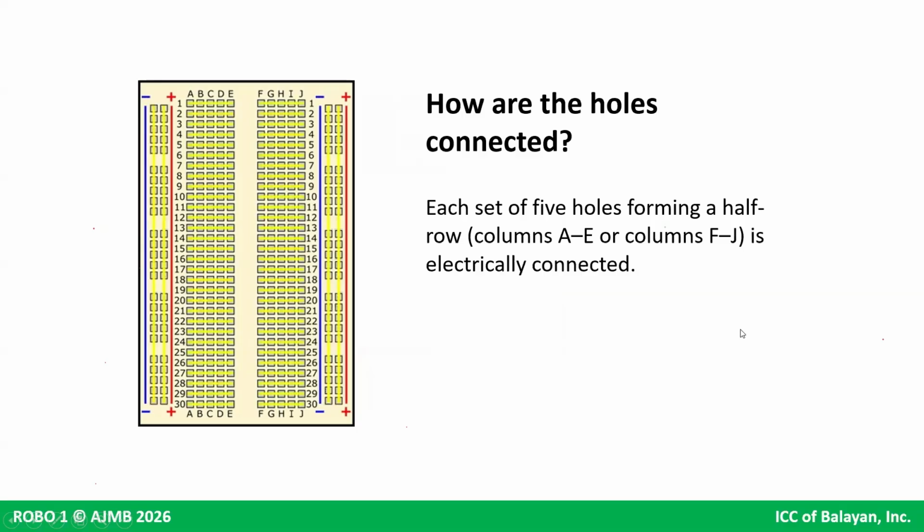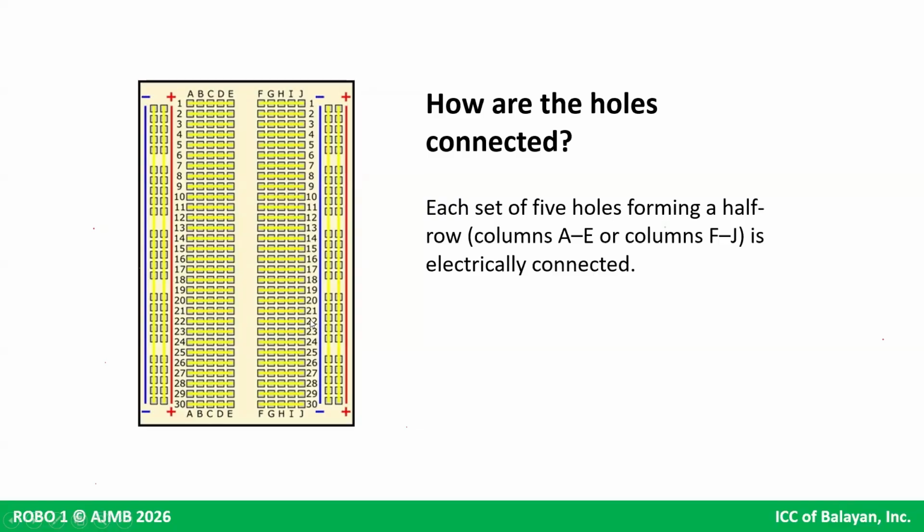Okay, so next important question is, paano konektado yung aking mga tie points, yung mga holes? So this one is very, very important. Alam dapat natin kung which holes are connected. So start tayo dito sa power rails. Ibig sabihin ng diagram na to, all of my positive power rail holes are connected, and all of my negative power rail holes are also connected.